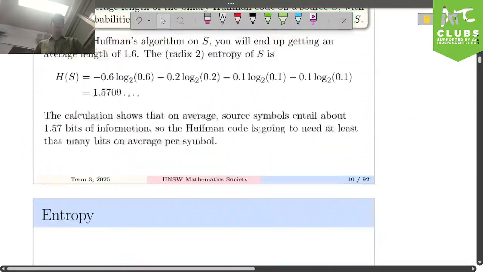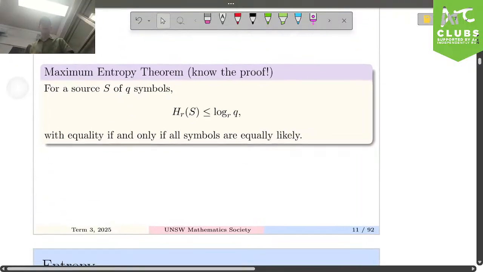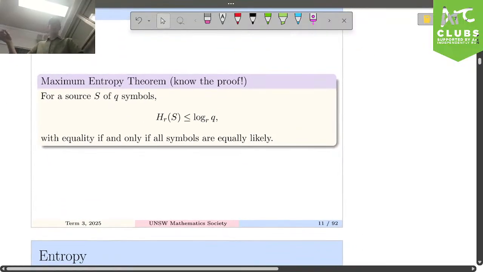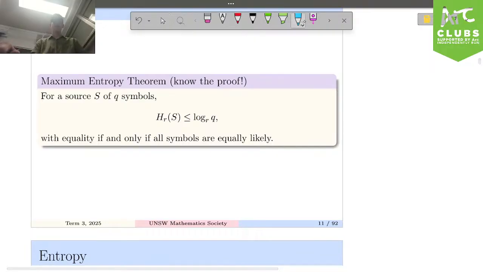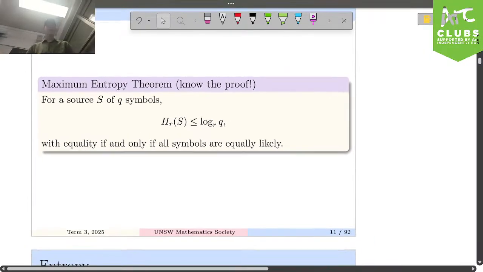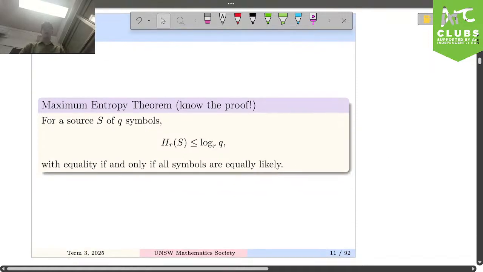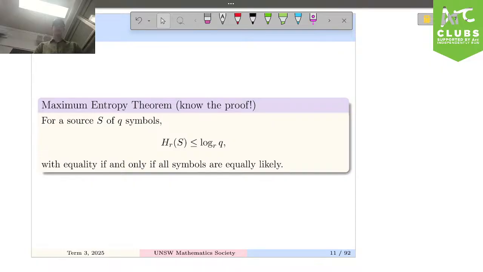Okay, so now what we want to get to, the link I promised, will come up in a few slides, but first of all, there are some theorems that you might want to know. The proofs are in the slides if you want to have a look. They aren't too difficult. The first theorem that we want to know is the maximum entropy theorem. What this says is that for a set of source symbols, the maximum amount of expected information we can get is when all the source symbols are equally likely.